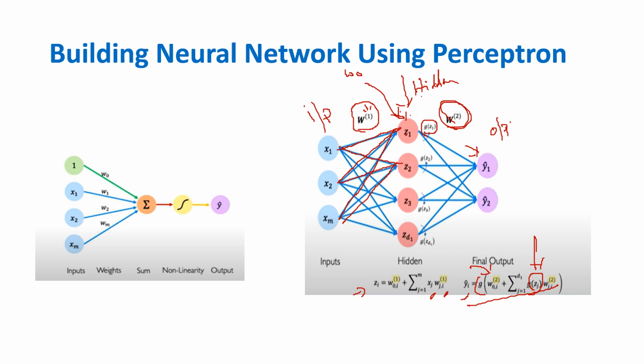Like we did for a single neuron, a single perceptron, we can also do it for a stack of perceptrons and do the task. Like we have a single hidden layer, we can also have multiple hidden layers communicating with each other, and they can do the job as we did here.